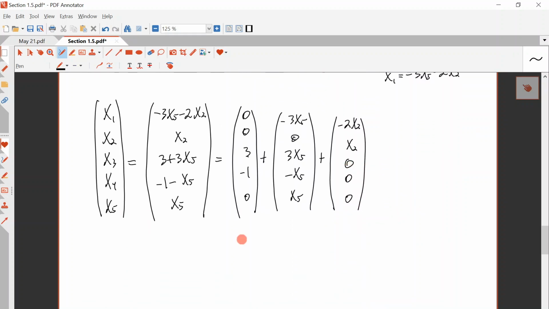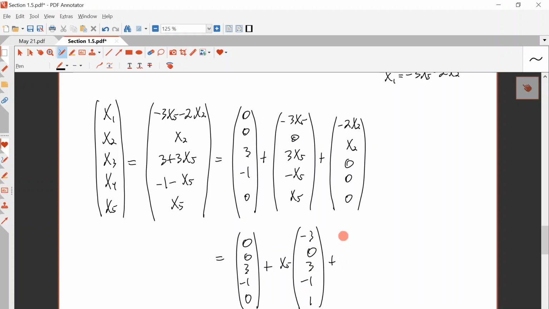Factor out the x2 and x5. So I have 0, 0, 3, minus 1, 0, plus x5 times minus 3, 0, 3, minus 1, 1, plus x2 times minus 2, 1, 0, 0, 0.